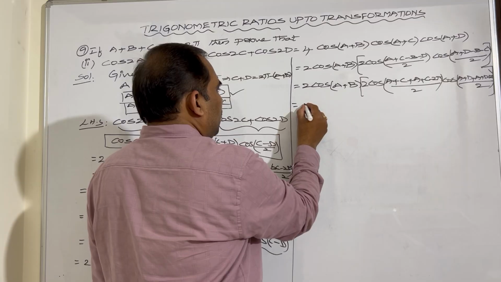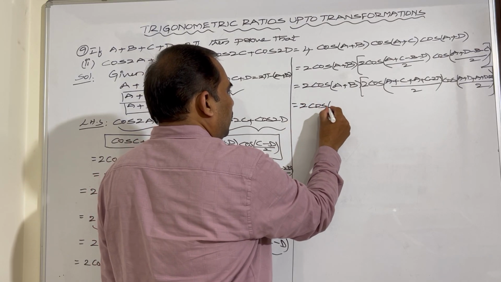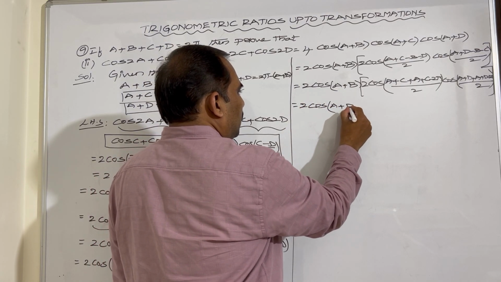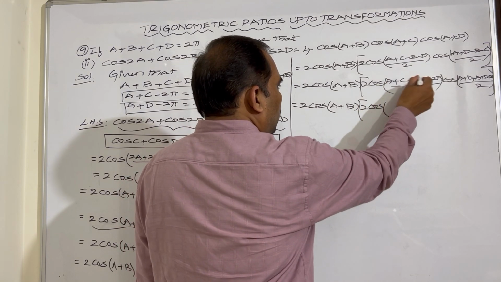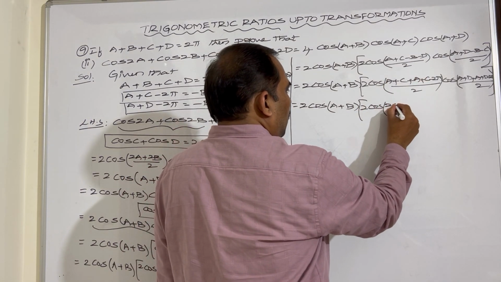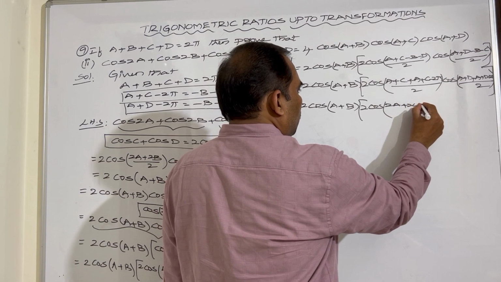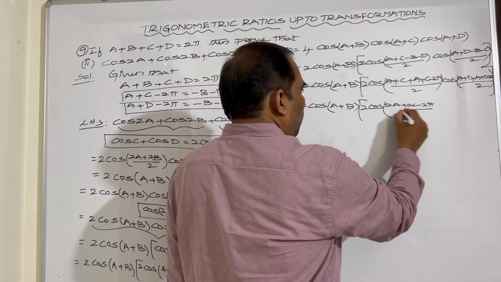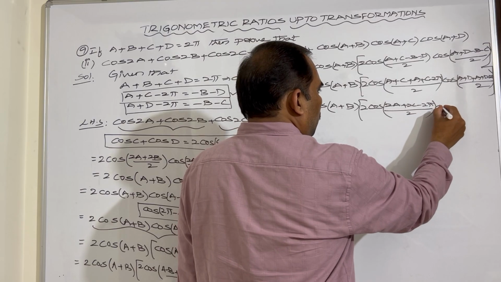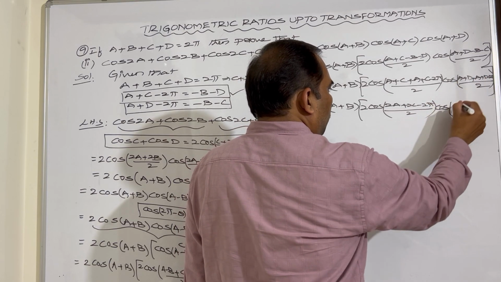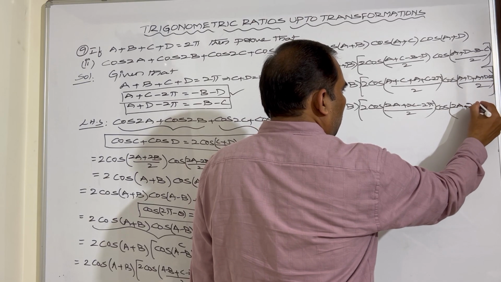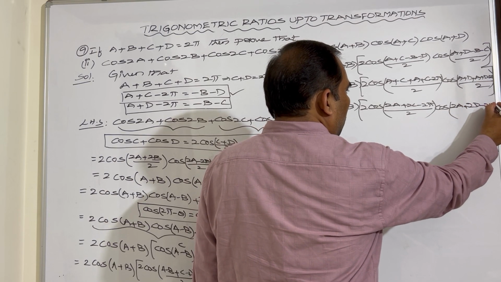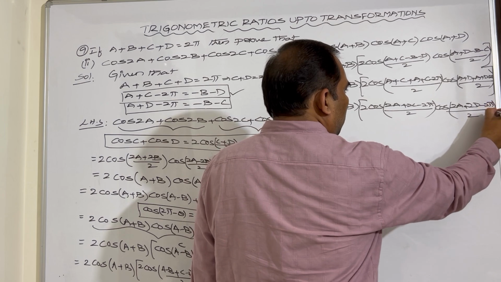Which is equal to 2 into cos of a plus b, into 2 into cos of a plus a, that is 2a, plus c is 2c minus 2 pi, whole divided by 2, into cos of again a plus a is 2a and d plus d is 2d, minus 2 pi, whole divided by 2.